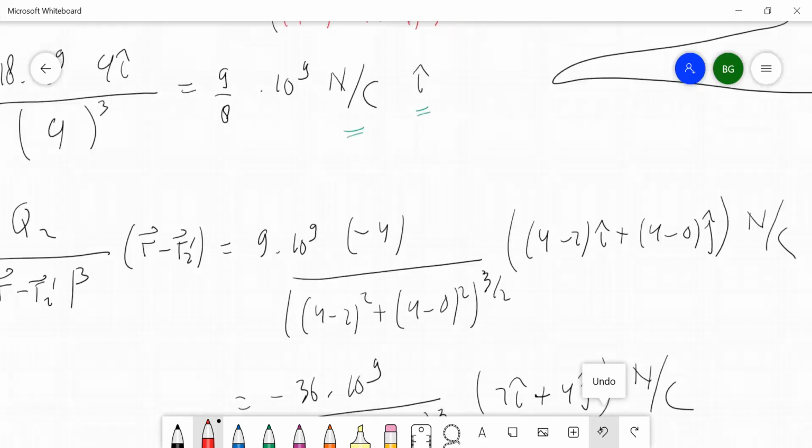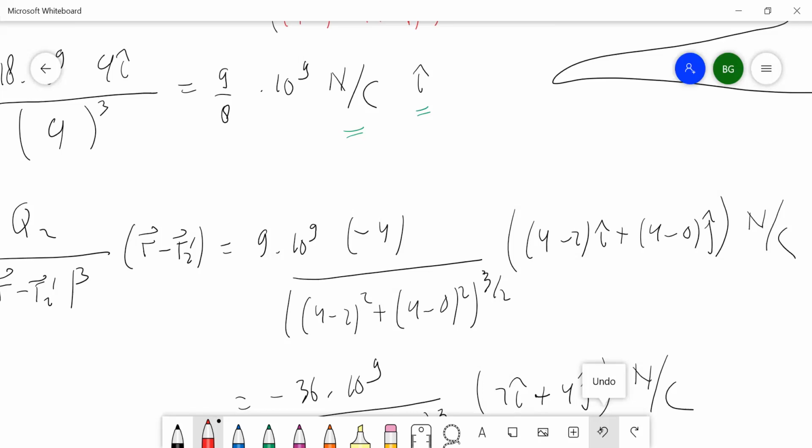So R minus R2 prime is (4 minus 2) times i hat plus (4 minus 0) times j hat.